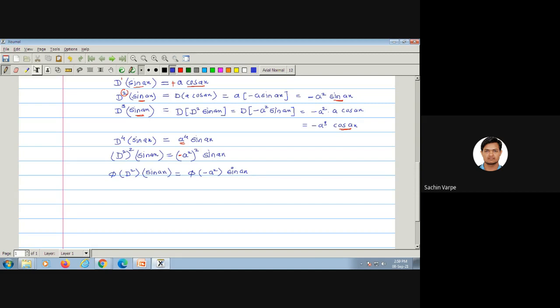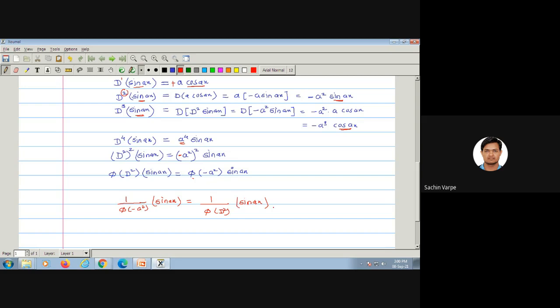So from this I can now write the formula for particular integral by dividing both sides by phi of d, and taking phi of minus a square to the left hand side. What I'll be getting is 1 upon phi of minus a square sine ax equals 1 upon phi of d square sine ax.